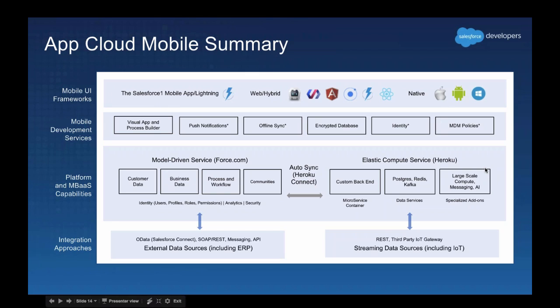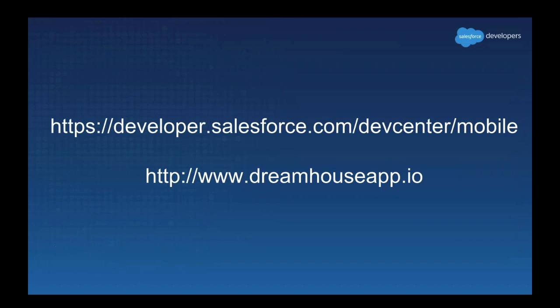We give you a number of application services and mobile services to make the development of that application easy, including identity, encrypted database, offline sync, push notification, and then many different deployment options so that you can really build what you want and scale the way you need. And so that's really kind of the summary for all the demos that I showed you.